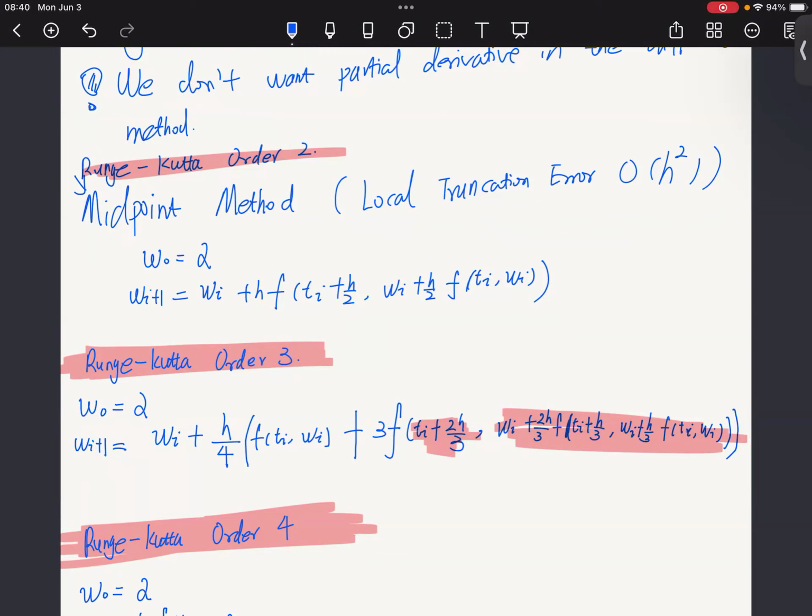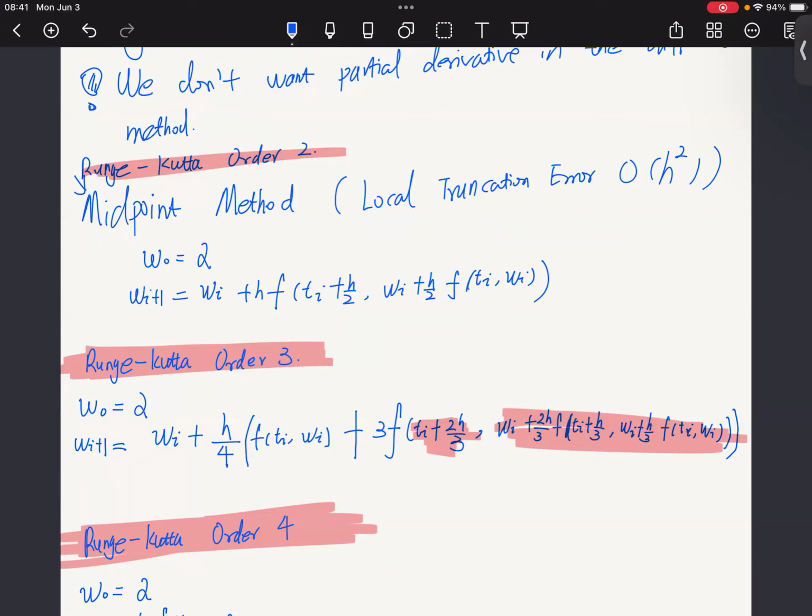Approximations we already know. And so people thought, okay, actually we have already calculated W0, W1, W2 up to Wi. What about we use some information we already know? We already know W0 to Wi, so what about using the information before it?